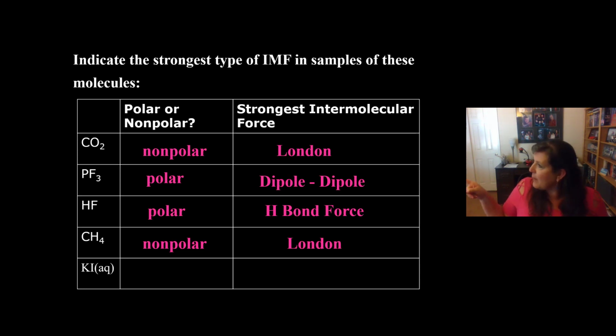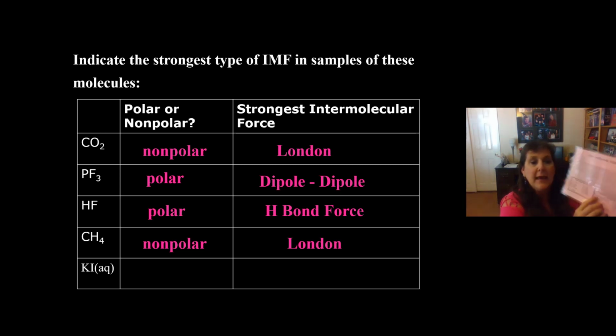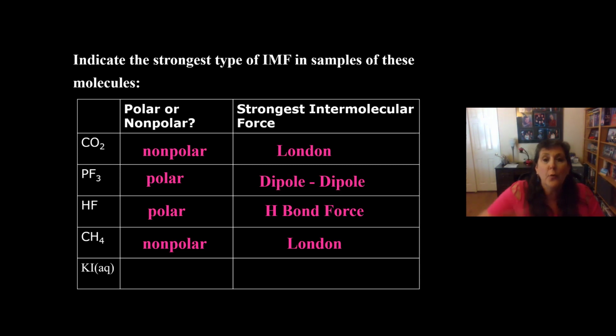Now the last example is potassium iodide aqueous, meaning potassium iodide is in a beaker of water. So we have water and we have KI in there. Now KI is soluble according to rule number 1. Potassium compounds are soluble. So we have K plus ions and I minus ions floating around in the water.